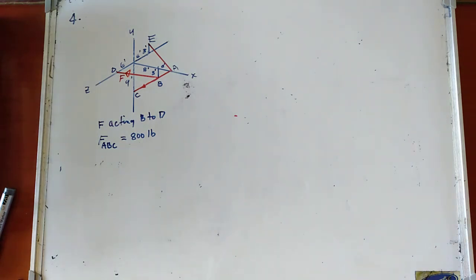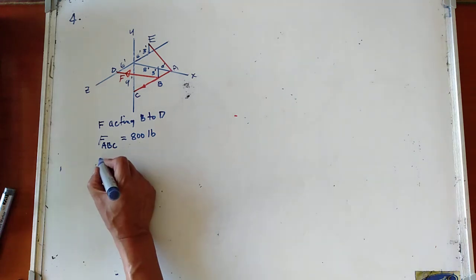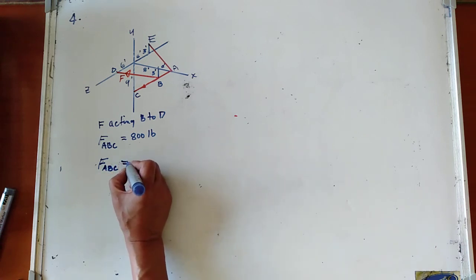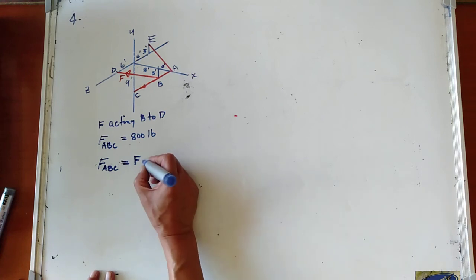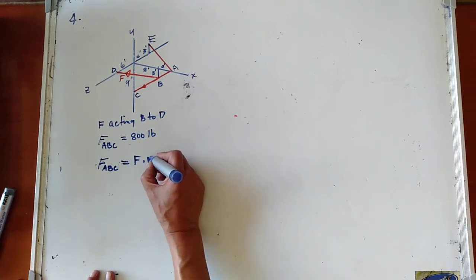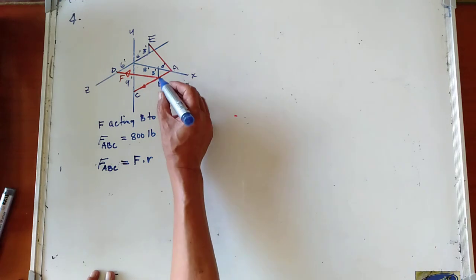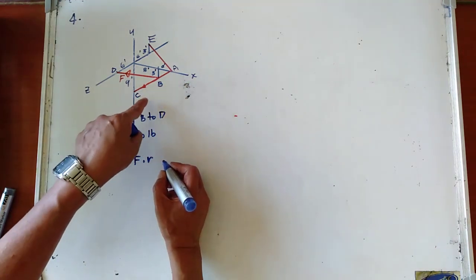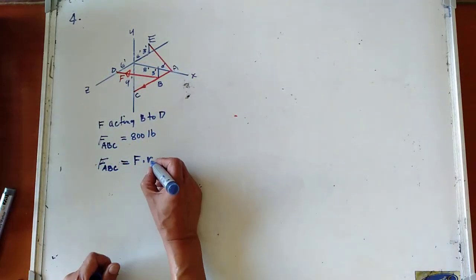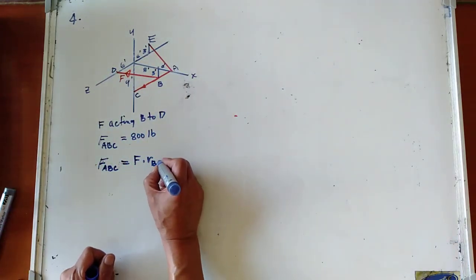The component of vector F in the direction of ABC is equal to the vector itself dot a unit vector. I'm just going to consider BC, since BC is along ABC, so that is a unit vector along BC.